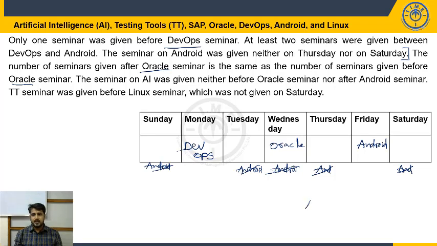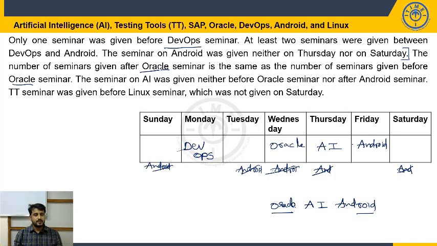Not before Oracle means after Oracle, and not after Android means before Android. Oracle and Android are already fixed, Wednesday and Friday. So artificial intelligence has to be on Thursday.